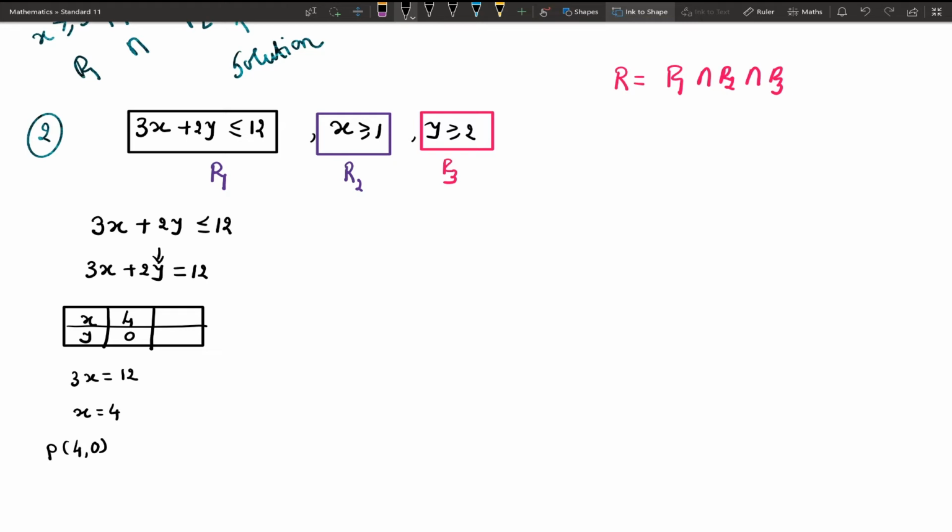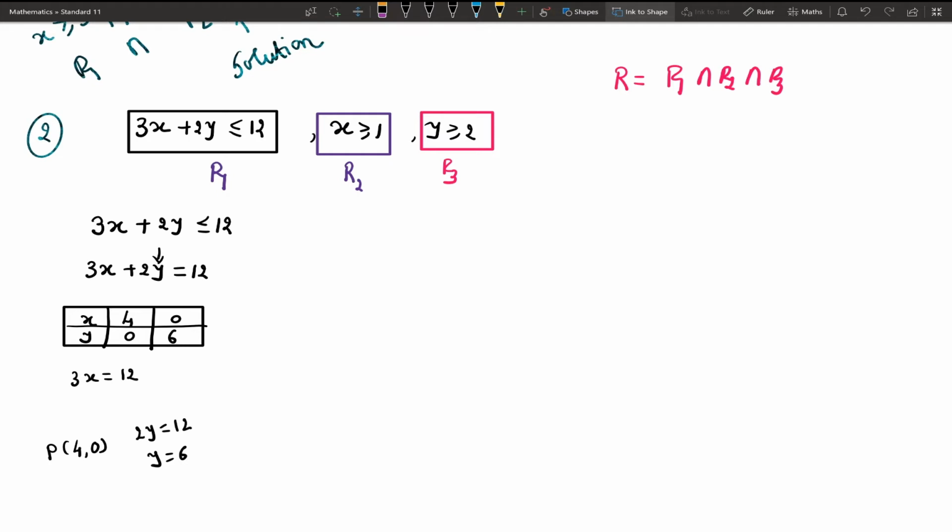So one point is P 4, 0. Next we take a point on the y-axis. If a point lies on the y-axis, the x coordinate is 0. In the equation if we take x equal to 0, then 2y equal to 12, and therefore y will be 6. So 0, 6.